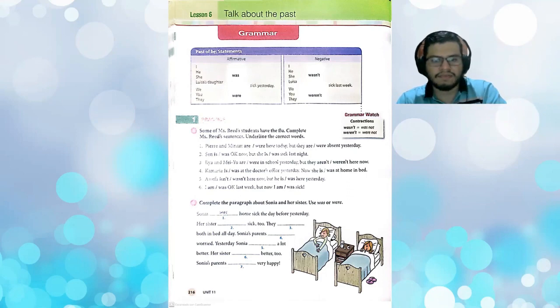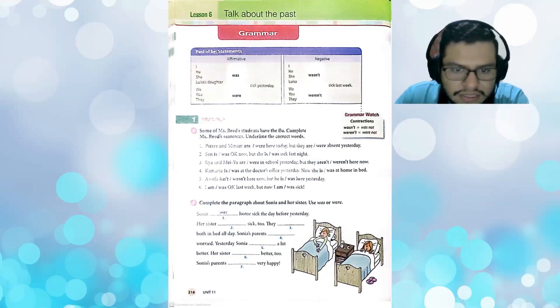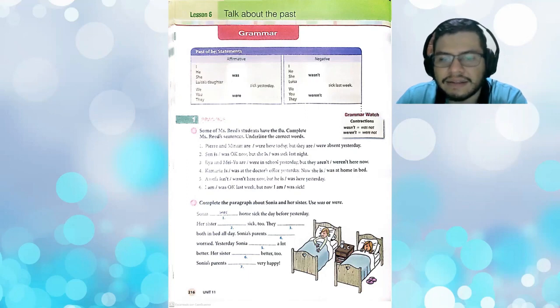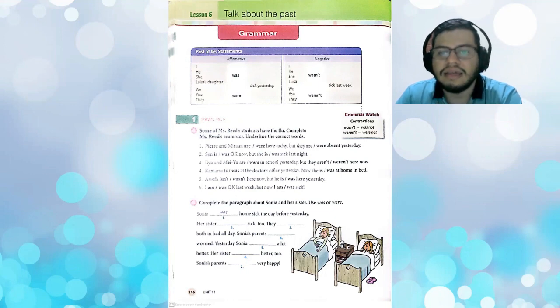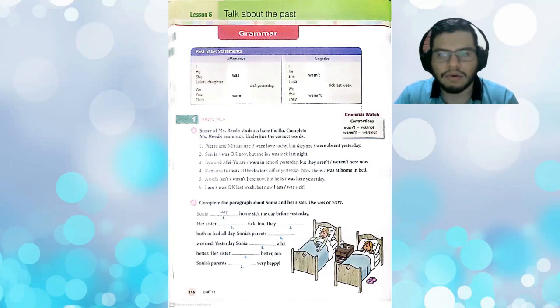She was. Last night is in the past. The next one for you is Ilya and May, you are or were in school yesterday. Ellos dos estaban en la escuela ayer. But they aren't here now. Ellos no están ahora.